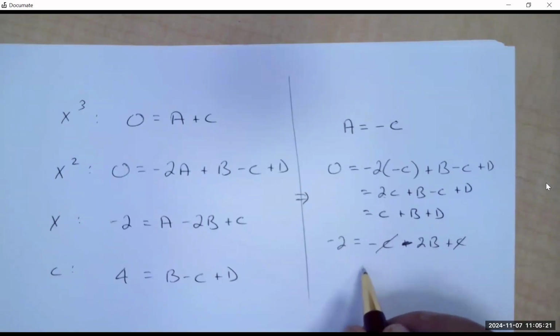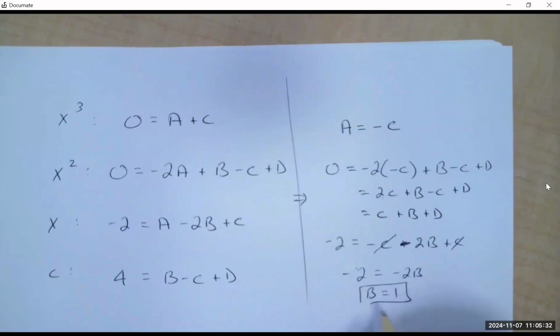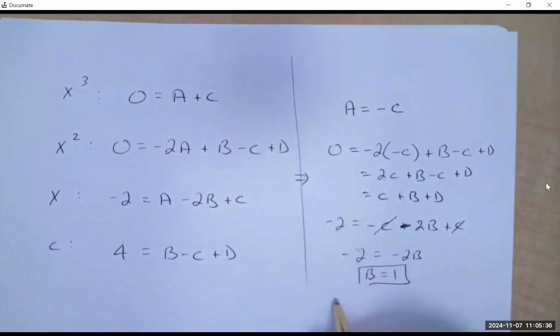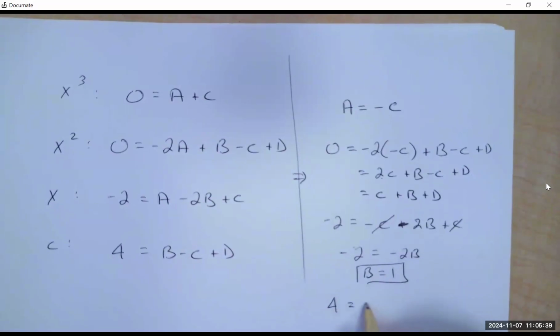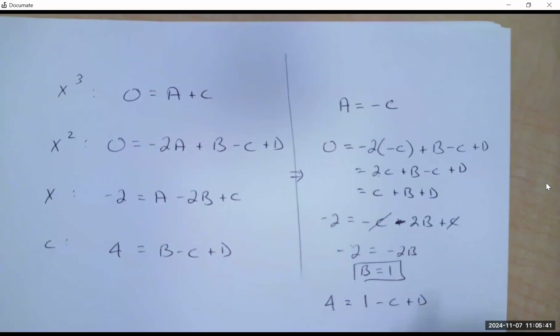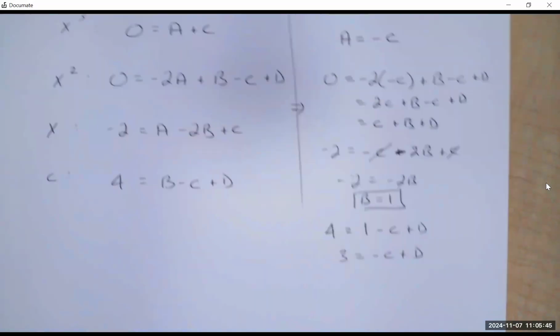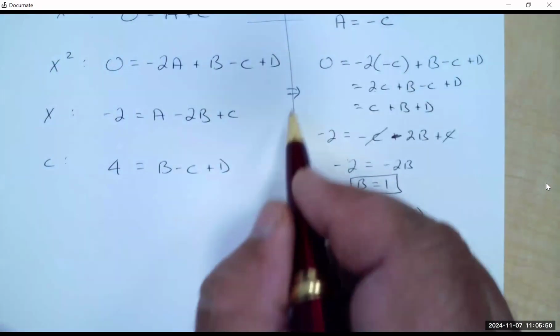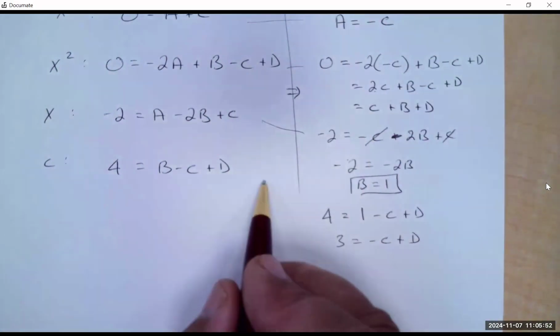So negative 2 is negative 2B. So B is equal to 1. Minus C plus D, which makes it 3 equals minus C plus D. So that's that one, that's that one, that's that one, and that's that one.